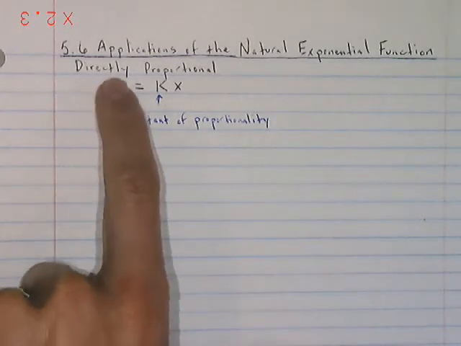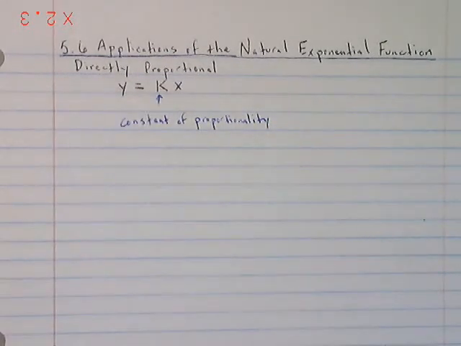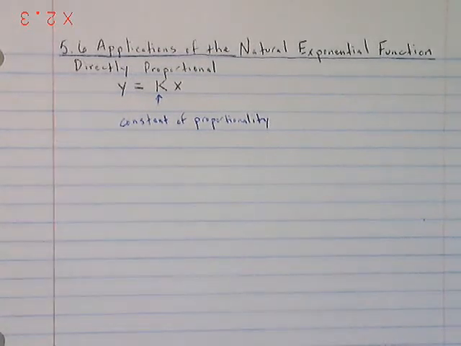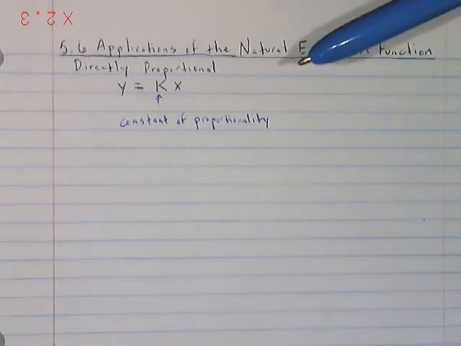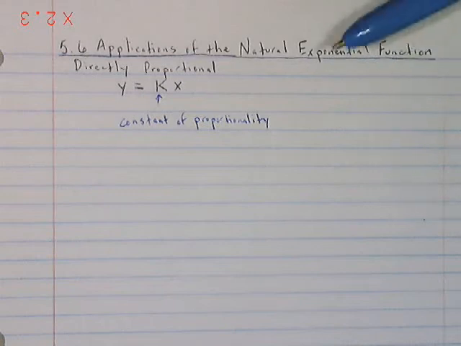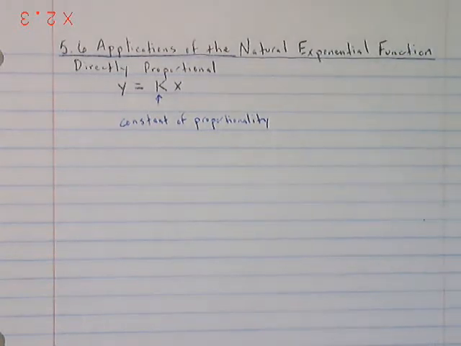And the reason that we care about directly proportional quantities as it concerns the natural exponential function is, suppose we want to consider a quantity whose rate of change, either as a growth or a decay, depends upon how much we have of that thing at a given time. We can think of tons of situations in the real world that model this.